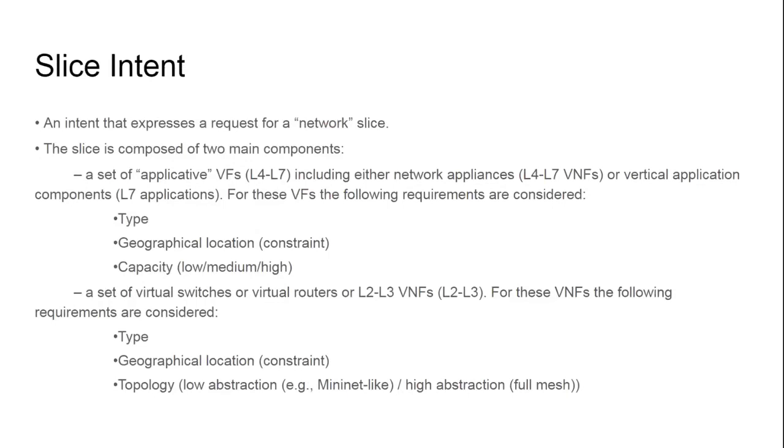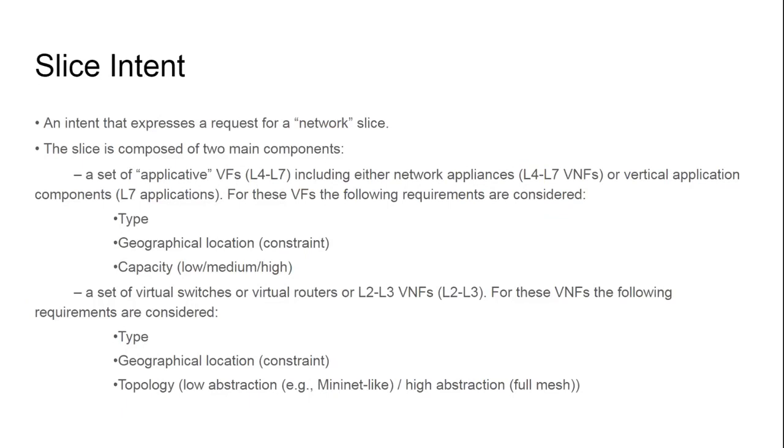As previously presented by Walter, in this demo we will consider two different intents, the slice intent and the service chain intent. I will start with the slice intent, which is triggered first, and it's mainly used to express a request for a network SDN-based slice.